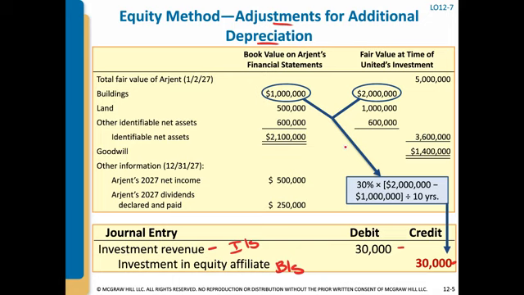Let's talk about the net other identifiable assets, which are the same for this example. Let's say this has to do with inventory, and we acquired it for $600,000, but the fair value of that inventory is actually $800,000.